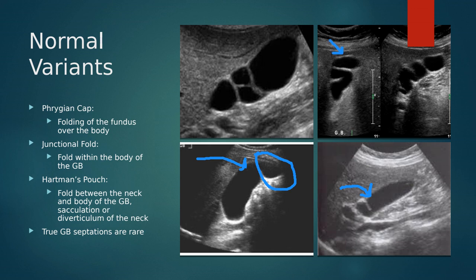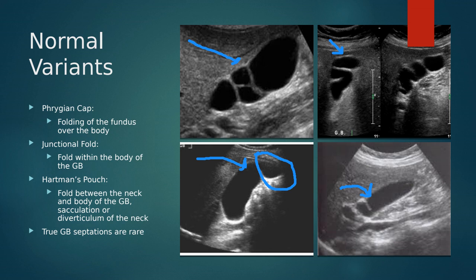And then true septations, super rare. It can be a sign of a bigger problem going on or a precancerous sign. That's going to be this guy right here. Sometimes when you have a Hartmann's pouch or a junctional fold, you can get it confused with true septations. So what you want to do when you see those is really sweep through that and make sure that you see at some point the inner lumen of the gallbladder connecting with the next segment.